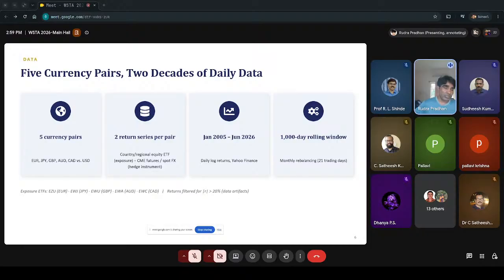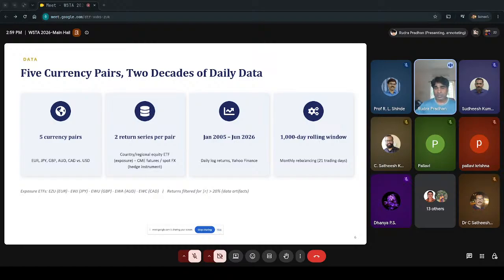So here in this case, we have used 5 different currency vectors because this particular study is connected to the currency market: the European euro, Japanese currency JPY, then UK currency GBP, then Australian dollar, Canadian dollar, and US dollar. So against two return series, country region-wise equity ETFs plus CME futures, those are the hedge instruments through which we can observe this particular case.